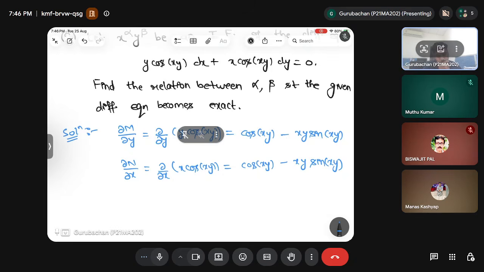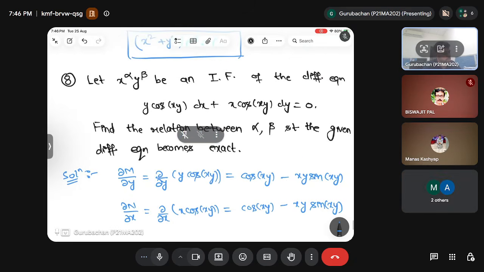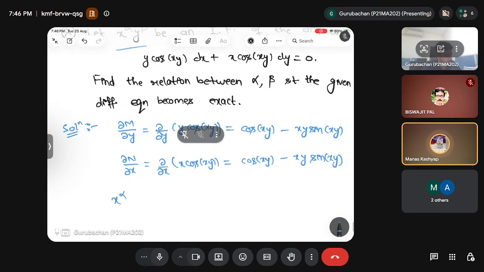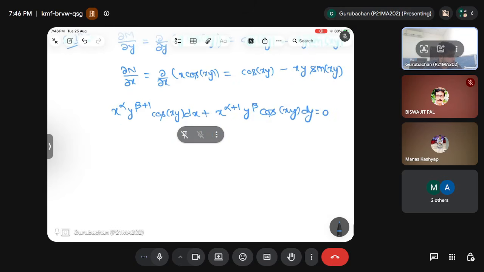This is exact already, but since it was said to suppose this is an integrating factor, we can do it by multiplying, and then we can find that alpha is equal to beta.